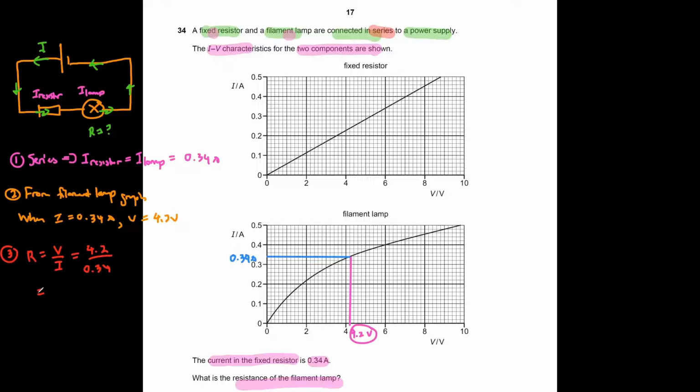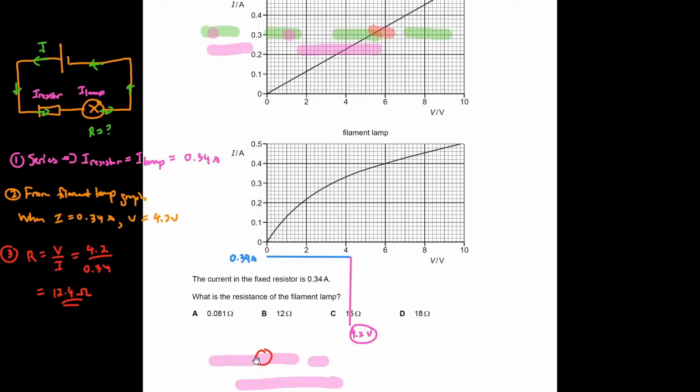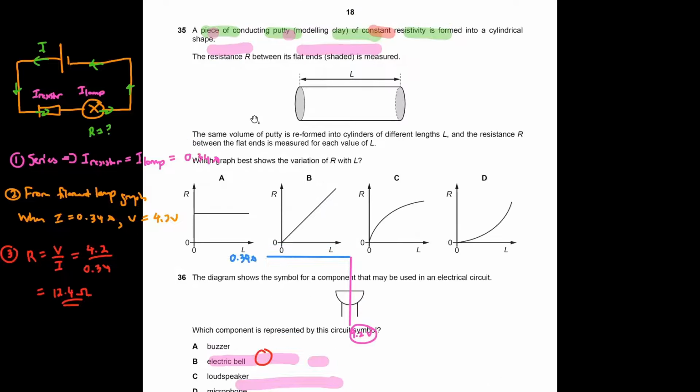You will eventually get the answer as 12.4 ohms. The answer here would actually be B. So that's for this particular question. If that is okay, I again move on to the next question. This is now question 35.